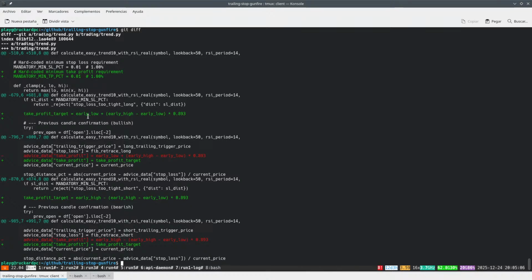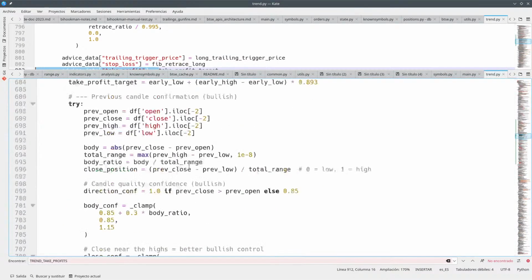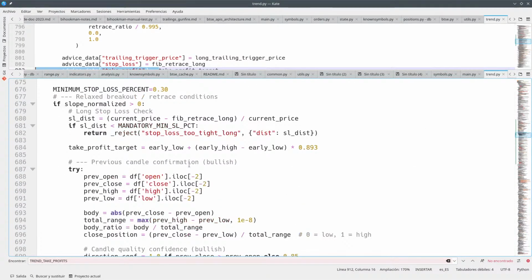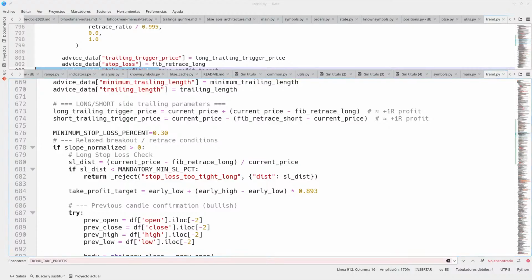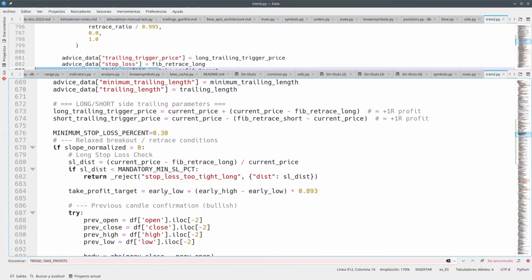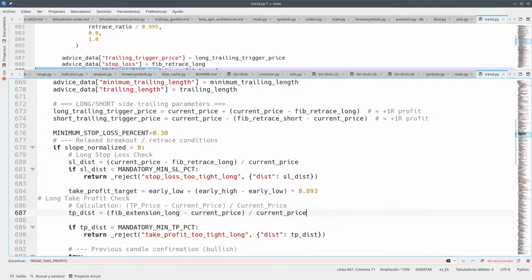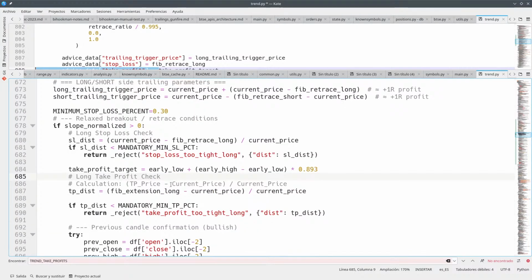So this is not exactly the same thing, and now we should be able to take a look at what Google Gemini gave us and just adapt it. So once we have the take profit target, we can do the long take profit check.